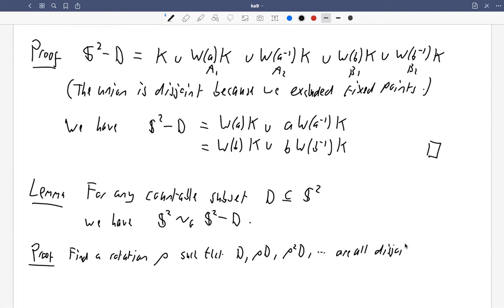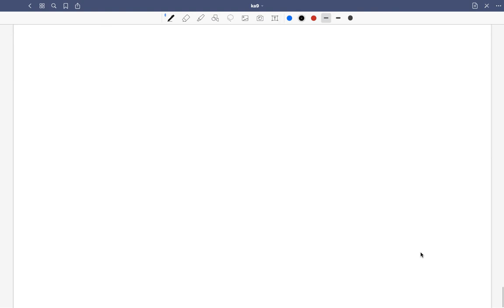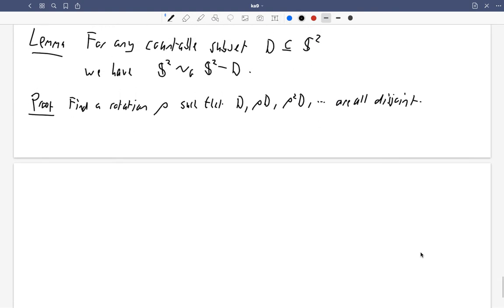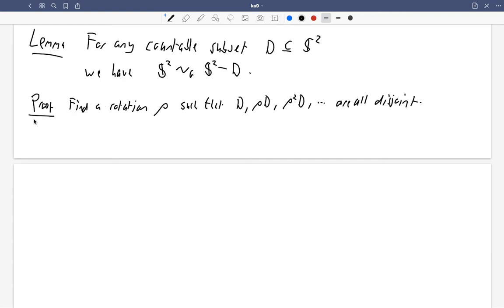So we've got countably many sets and they are all pairwise disjoint. And given this, I think I can squeeze it into the last line here.